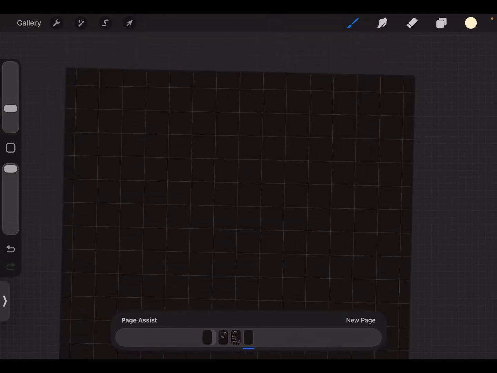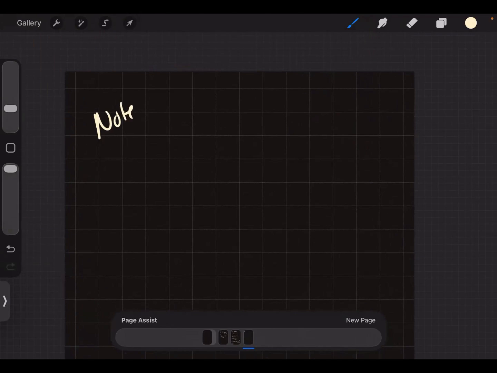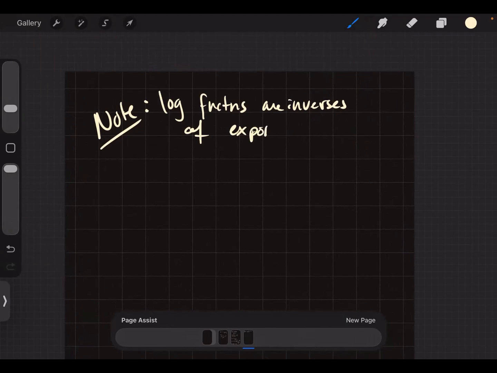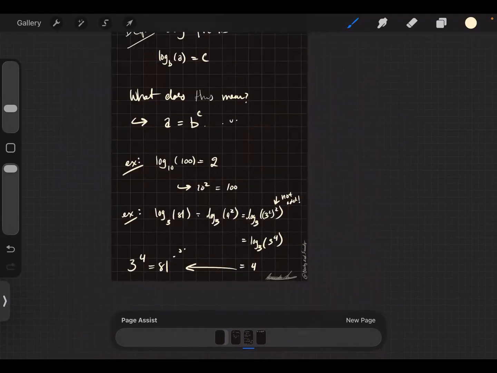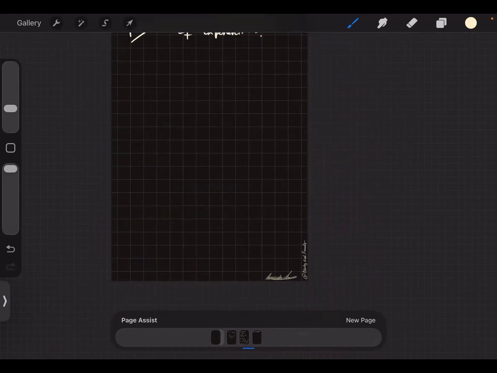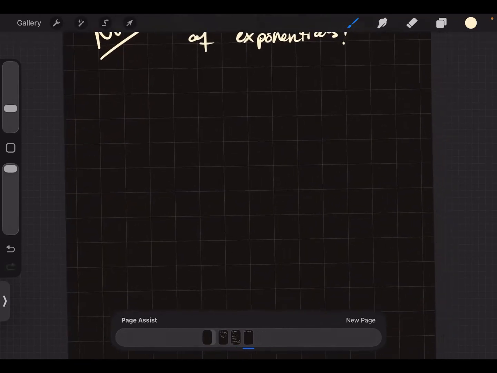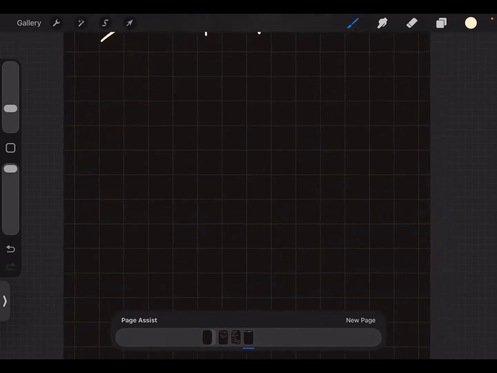Some interesting notes. First, log functions are inverses of exponential functions. Once you get the hang of this, all of the log rules start to make a lot of sense. So let's talk about some properties.